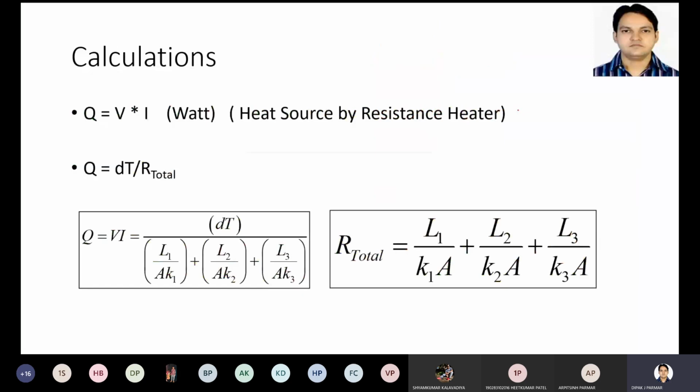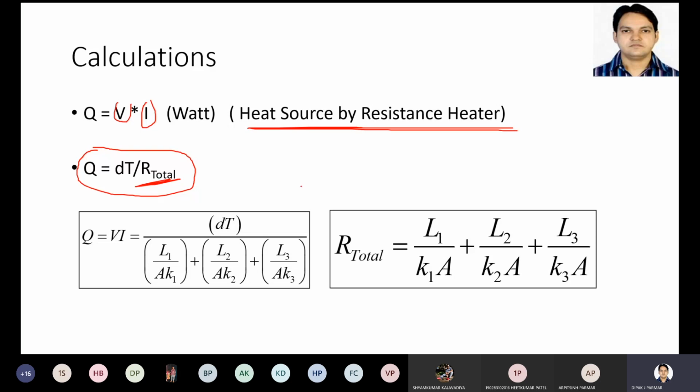Now the calculation part. As I mentioned, your input is voltage and current. That is the heat source, and it will be converted by the resistance heater. In the last lecture and the first two slides of today's PPT, we discussed that Q is nothing but delta T, the change in temperature, divided by the total resistance.